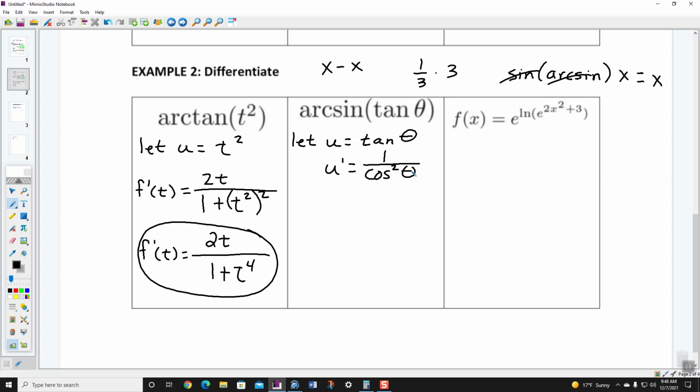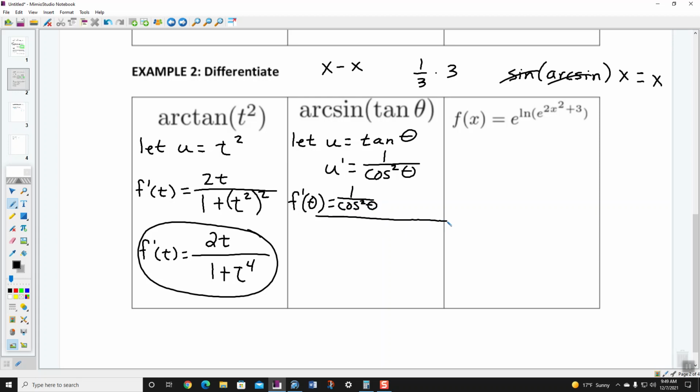All right, here we go. By rule, the derivative of the inverse sine function is u prime over what? The square root of 1 minus u squared. Okay, so what is u prime again, friends? 1 over the cosine squared of theta. So f prime of theta is going to equal that u prime, which is 1 over cosine squared, all over, anybody want to take a guess? 1 plus tangent of theta squared?